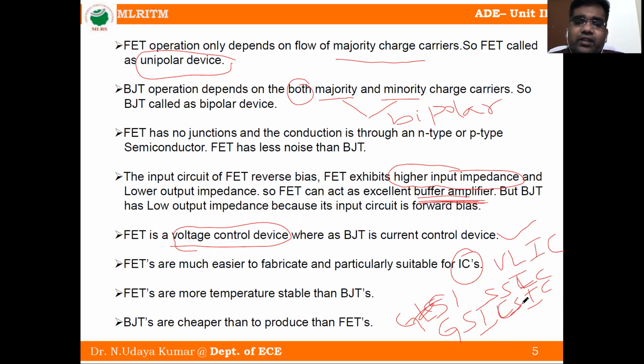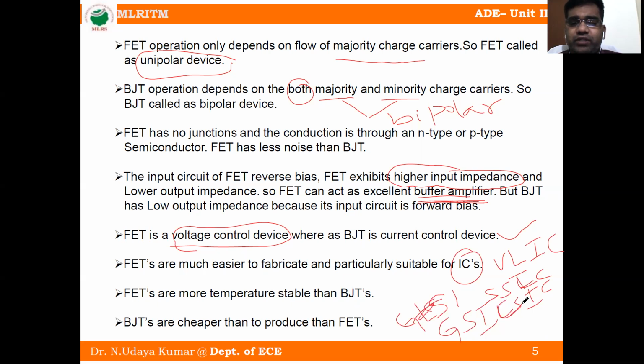So FETs are much easier to fabricate and particularly suitable for ICs because they occupy very little space. So size is very small, and that's why we use them in IC technology.